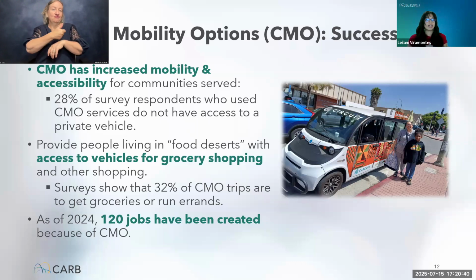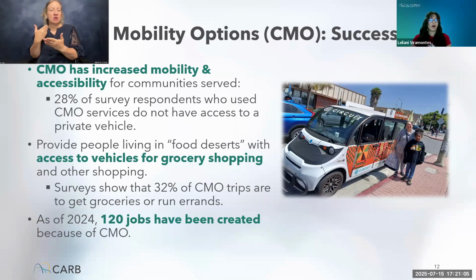In Chula Vista, as of May 2023, the free electric shuttle program has provided over 29,000 trips for more than 275 users, many of whom rely on it regularly. These examples show how CMO is filling existing transportation gaps and directly improving access to key destinations for residents.